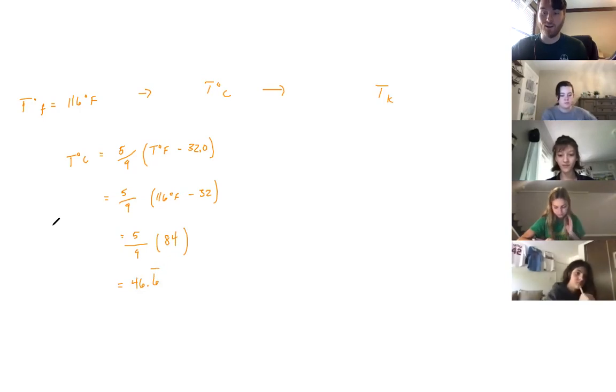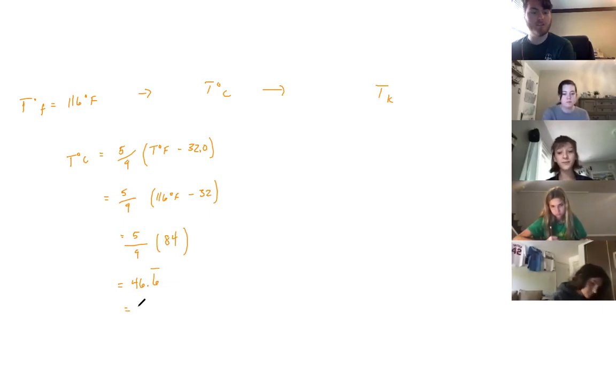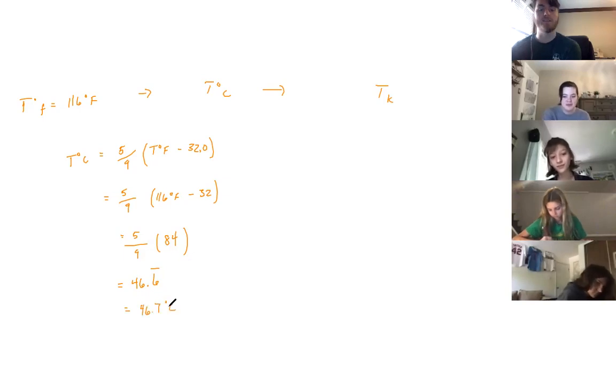But as always, we got to do our bestest friend, and our bestest friend here, just because we started out with 3 sig figs, you need 3 sig figs. So for this, we are going to say it is 46.7 degrees Celsius. Boom.